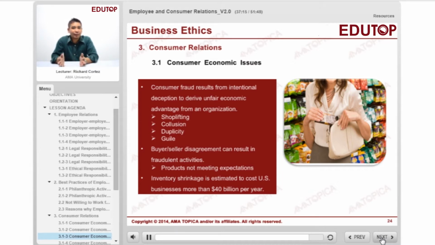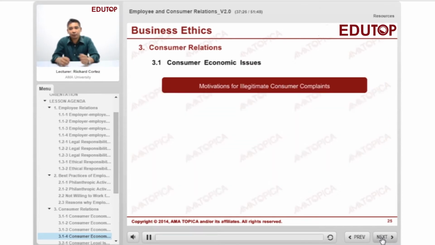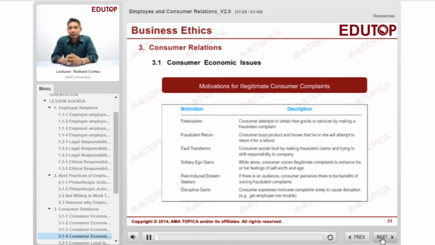So sometimes the company should monitor the employees who are cheating, or the customers who are cheating by shoplifting inside the company. So still under the subtopic consumer economic issues, we have motivations for illegitimate consumer complaints.